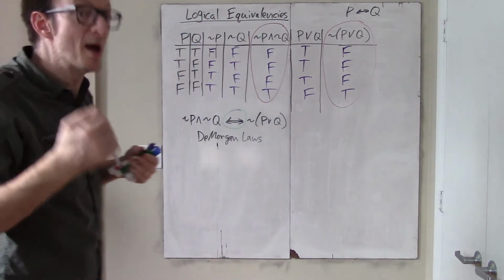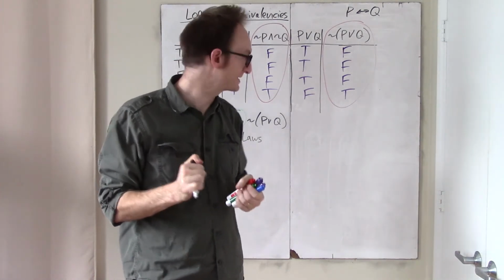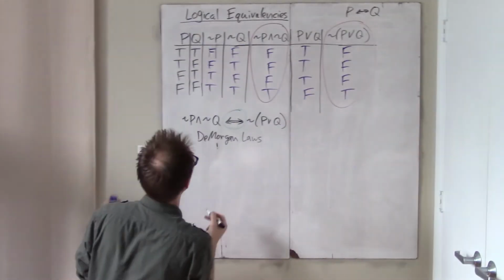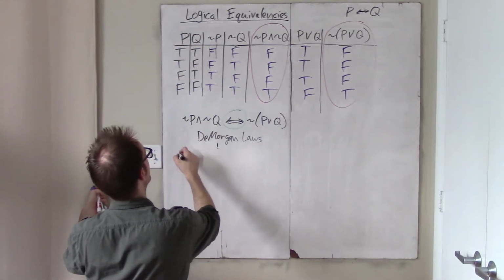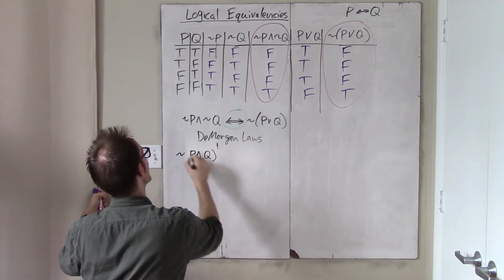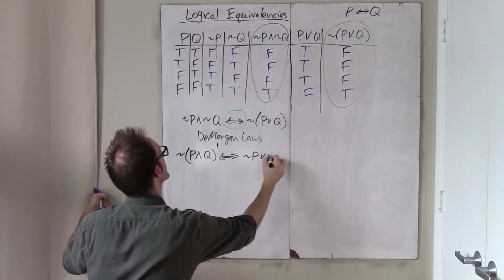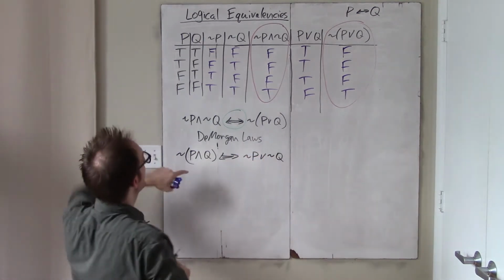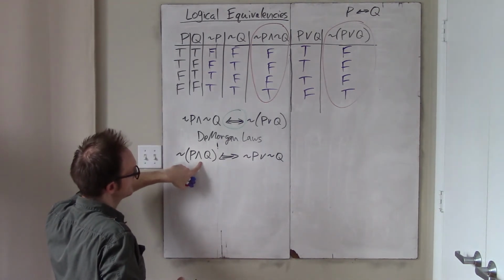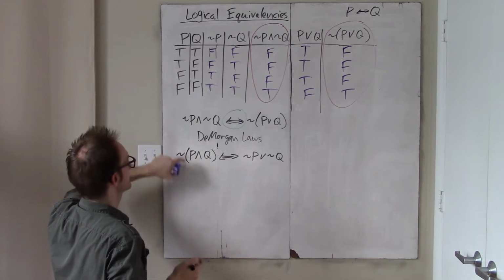I will now list many other equivalencies of propositional logic. One of them is the De Morgan laws going in the other direction, which I will not prove via truth table because it's just too tedious. So the negation of P and Q is logically equivalent to not P or not Q. Okay, this is quite interesting because, well, it's not that interesting.